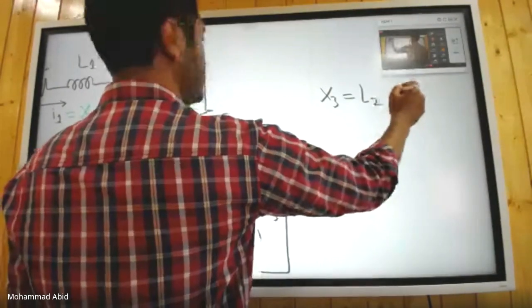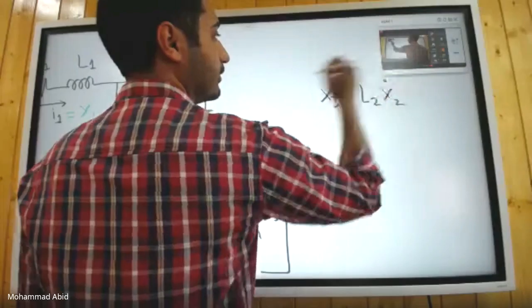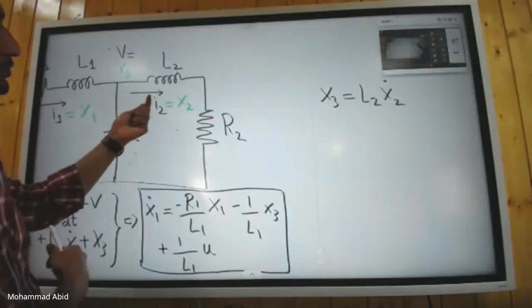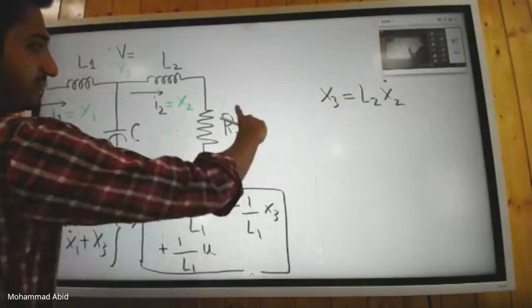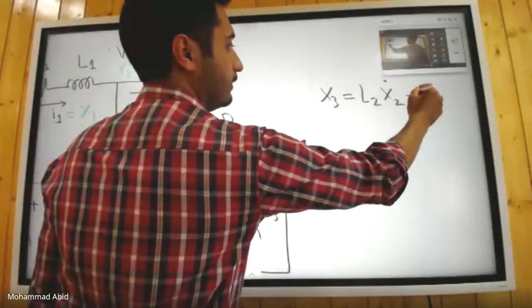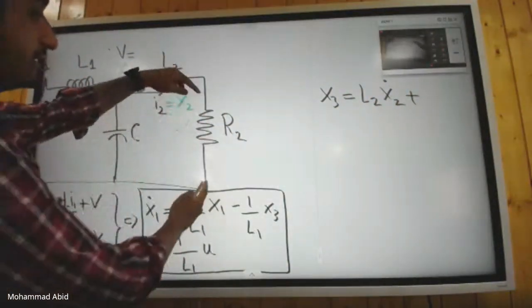L2 X2 dot, because di2 is X2 dot. Plus this voltage. What's the voltage across this resistor in terms of X2? R2 X2. Yes, R2 X2.